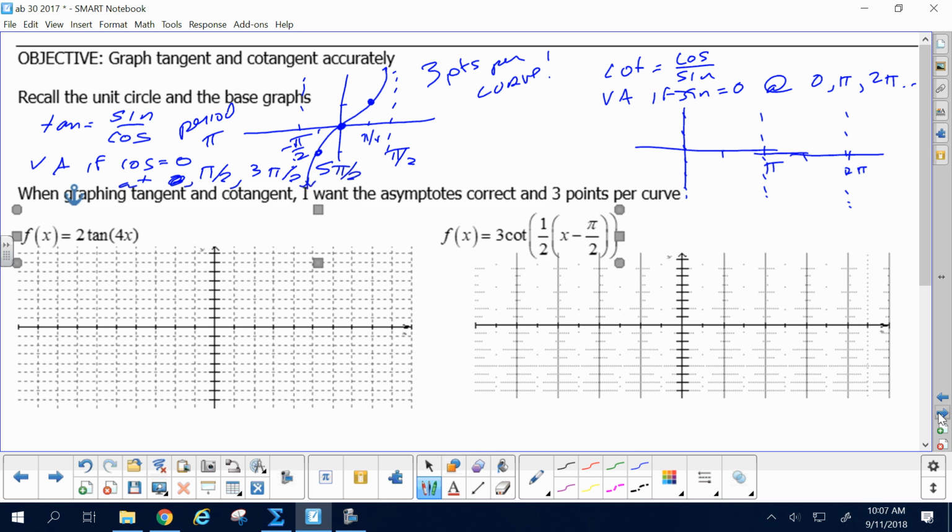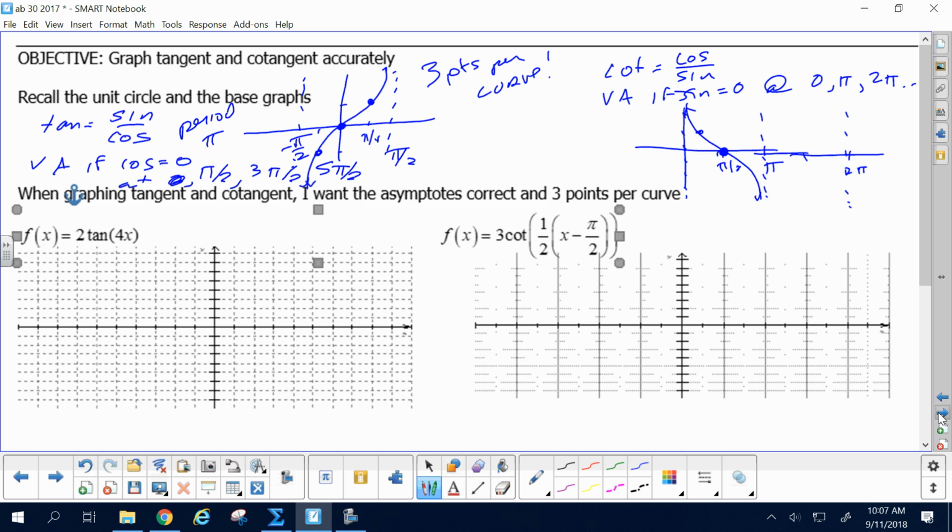It would be 0 if cosine is 0, which is at pi over 2, but pi over 4 is still there. Now these waves go the opposite way because cotangent of pi over 4 is still 1 and so on, all right? Different asymptotes and reflected shape. Cool? Period's pi.